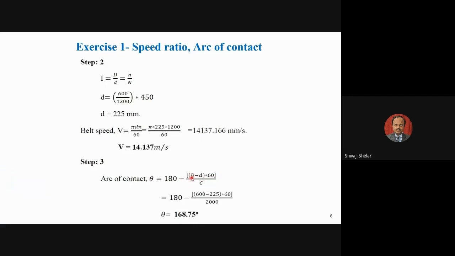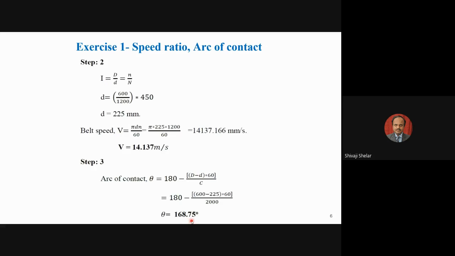So capital D here is 600 and small d calculated here is 225 mm. And center distance C here is 2 meters. Since D we are taking in millimeters, this also needs to be taken in millimeters, so it is 2000 millimeters. So we will get theta, the arc of contact, here. The belt is wrapped on the smaller pulley for an angle of 168.75 degrees. So this angle is very important from the power transmission point of view. Okay, so step 3 has completed.